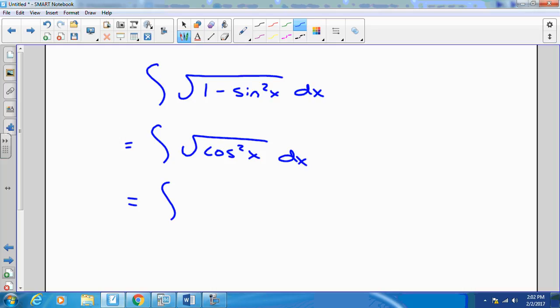Yes, it's just cosine x. That's exactly right. And the function whose derivative is cosine x? Plus c. So be on the alert for opportunities to use your trig identities as well.